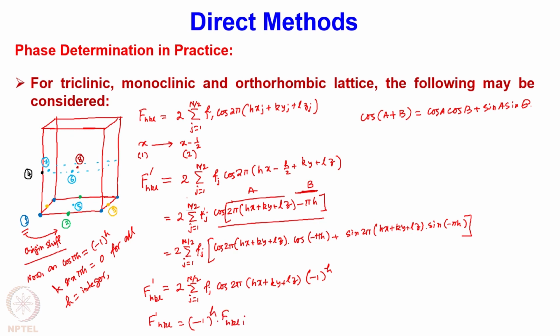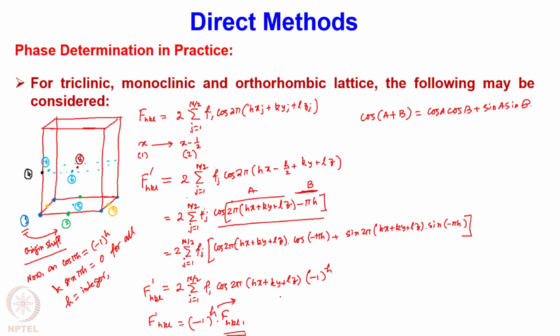So this particular shift of origin from 1 to 2 will change the sign of F hkl if h is odd.